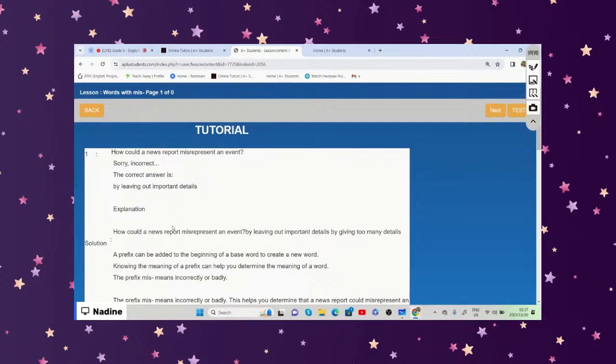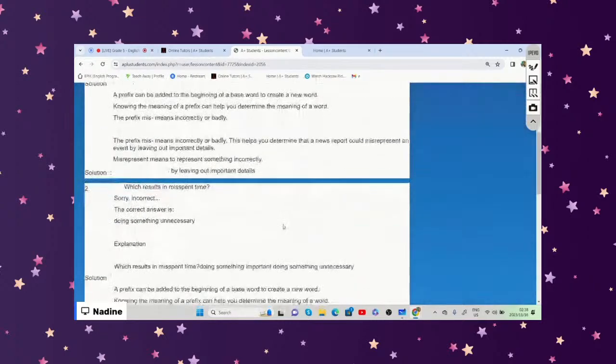Basically, a newspaper or news report can misrepresent an event if they leave out important details. So if they're leaving out important details, that is when they are misrepresenting an event.